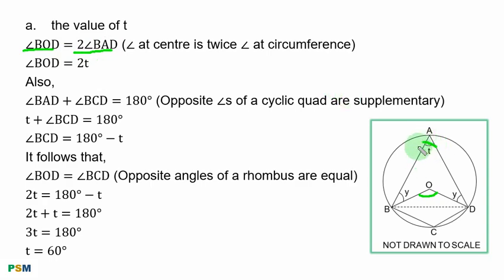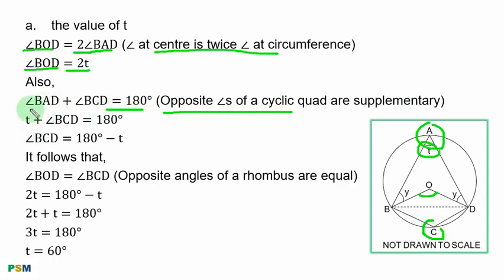That is T here. You have the reason. So angle BOD is equal to 2T. Secondly, this angle here and this angle here, their sum is equal to 180 degrees. You have the reason.